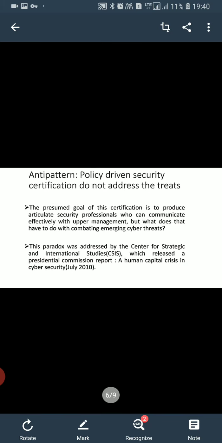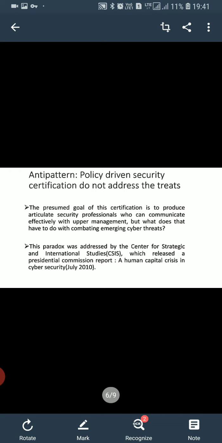The presumed goal of policy-driven security certification is to produce articulate security professionals who can communicate effectively with upper management.